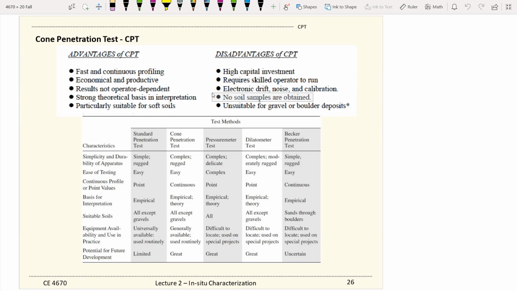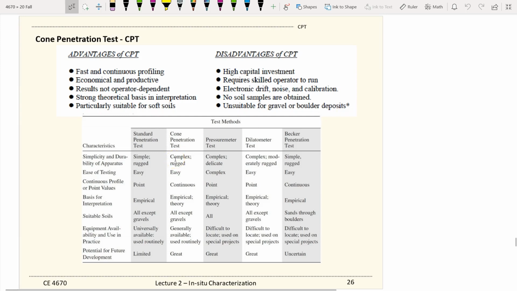CPT cannot do that. And because of the size of the CPT and also the limit on the loading capacity, it's not suitable for gravels or even boulder deposits. Neither can SPT do it well, but this becomes more problematic for CPT.